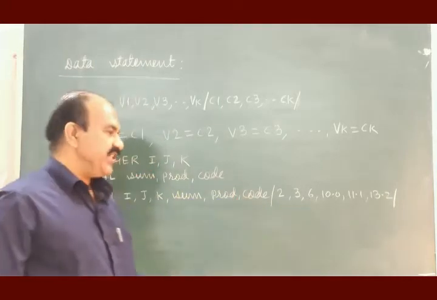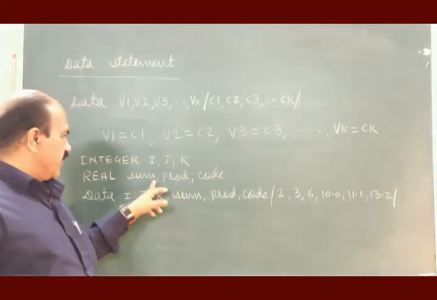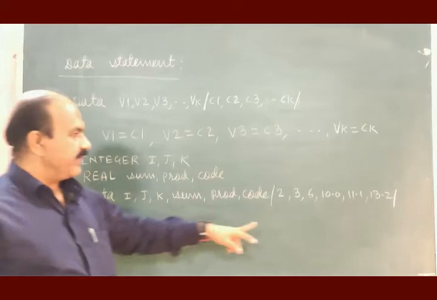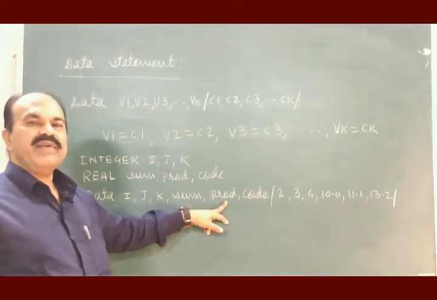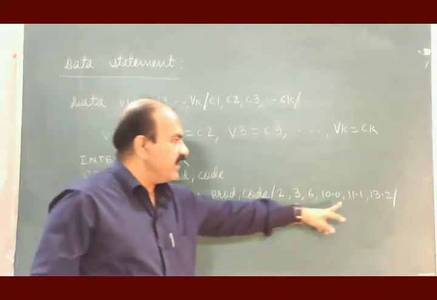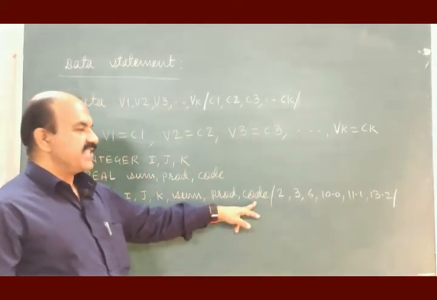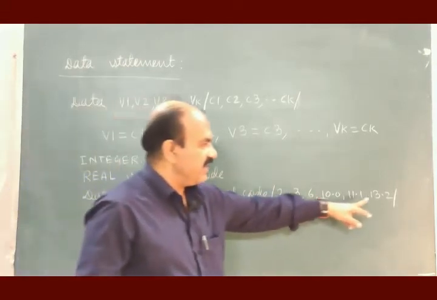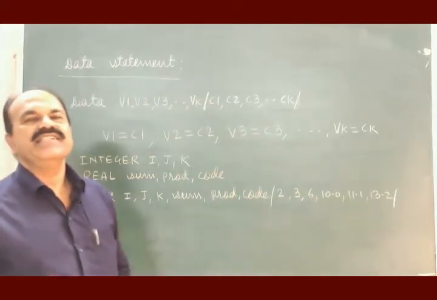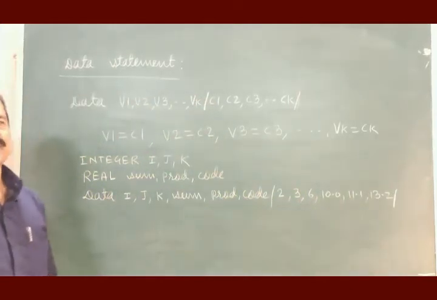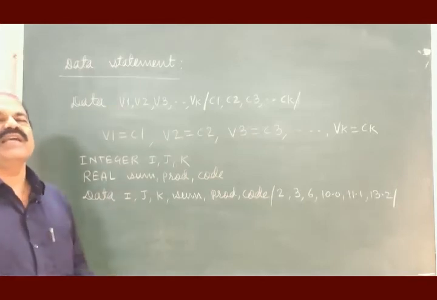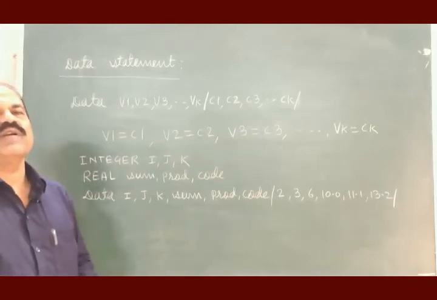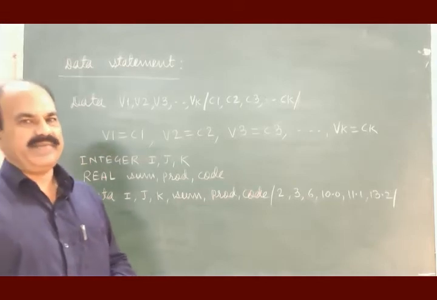Third constant, integer. Fourth variable, real type. Fourth constant, real. Fifth variable, real. Fifth constant, real. Sixth variable, real. Sixth constant is a real constant. This way we can have many more examples for the data statement.